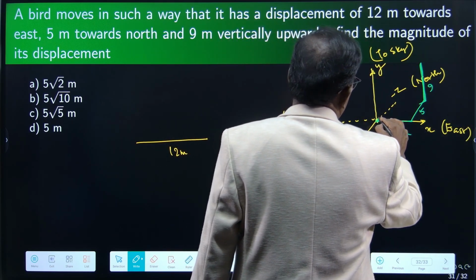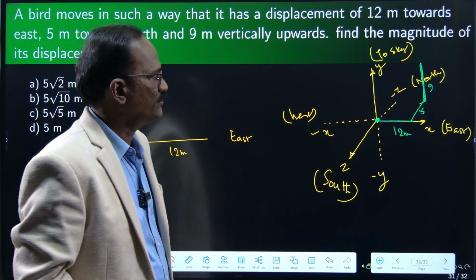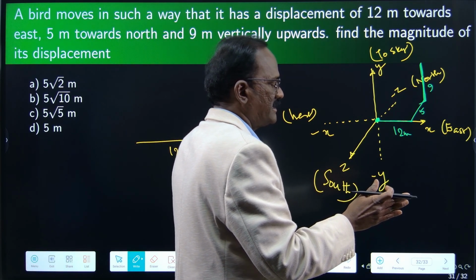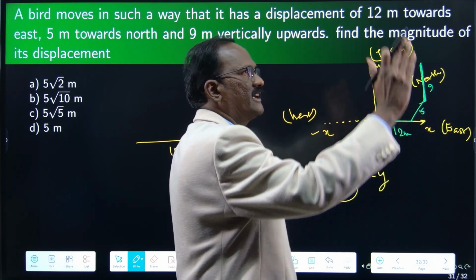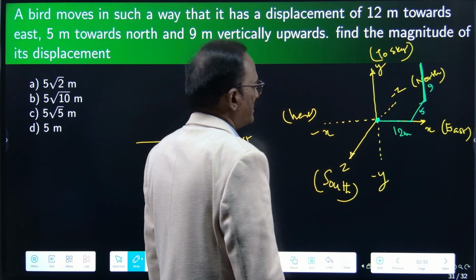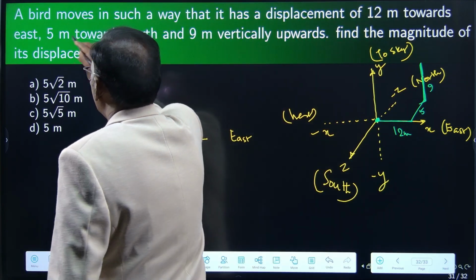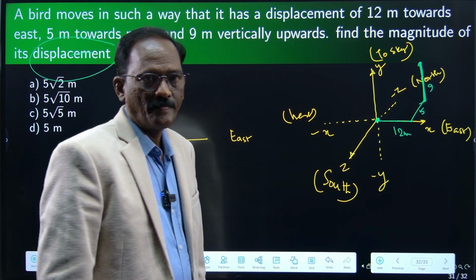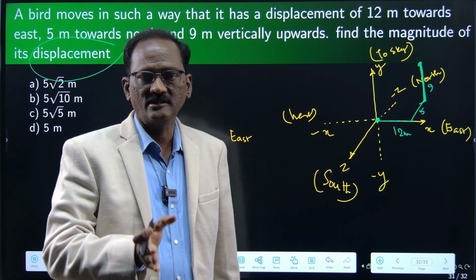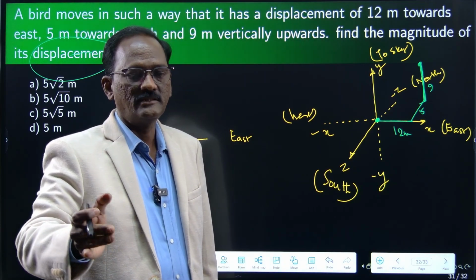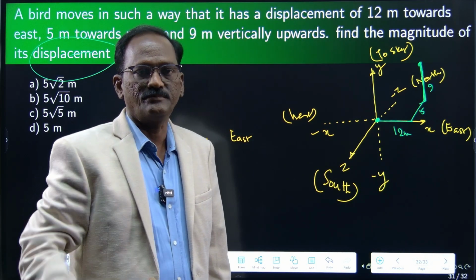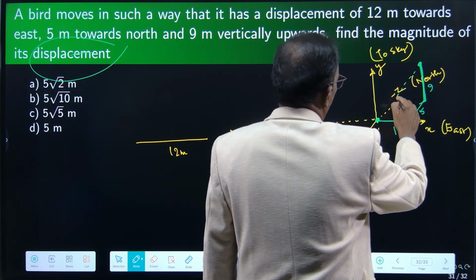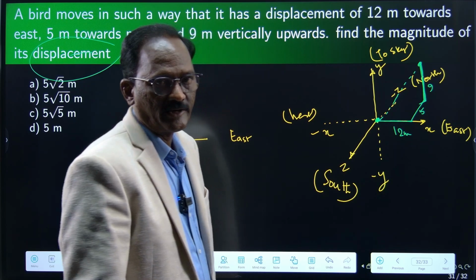This is the place where it started to fly. 12 meters east direction, then north direction, then it is going up 9 meters, right? Find the magnitude of its displacement. This is where the bird is now. So this is the starting point, this is where it is now. We have to connect these 2 points, right?